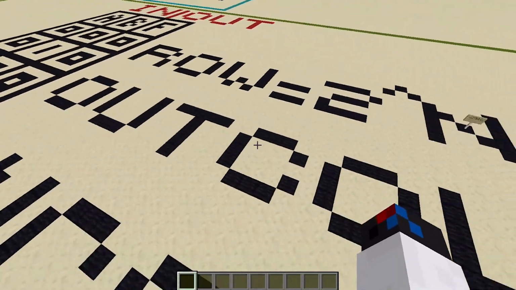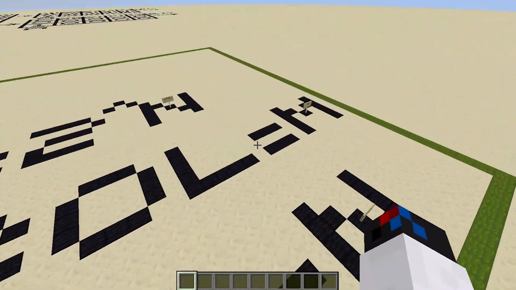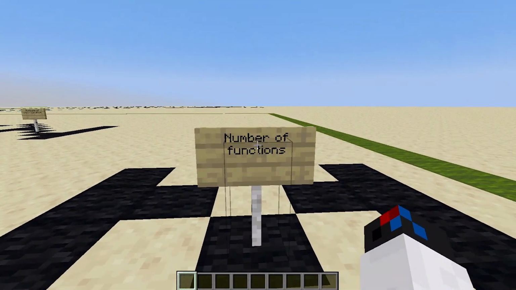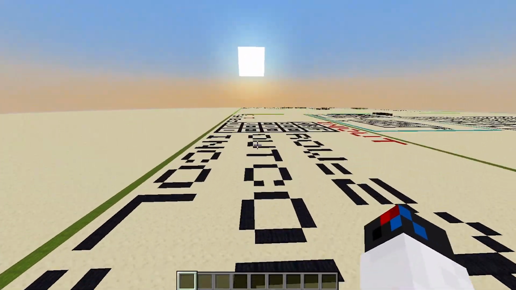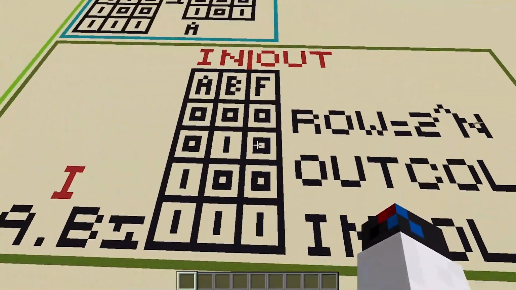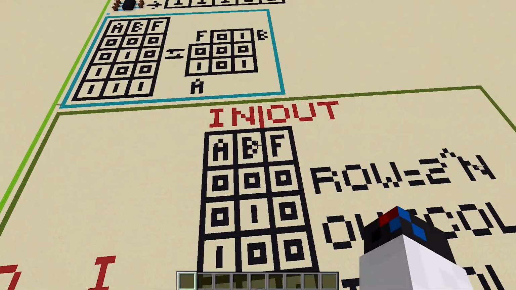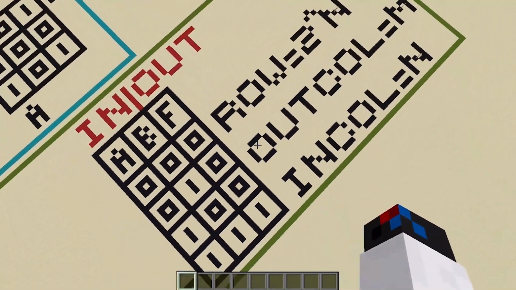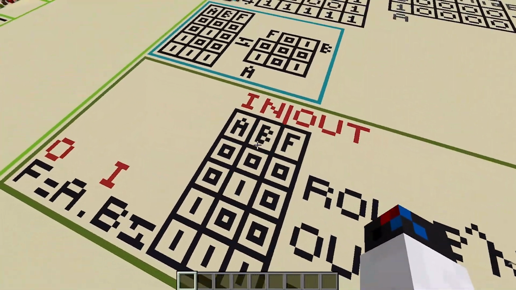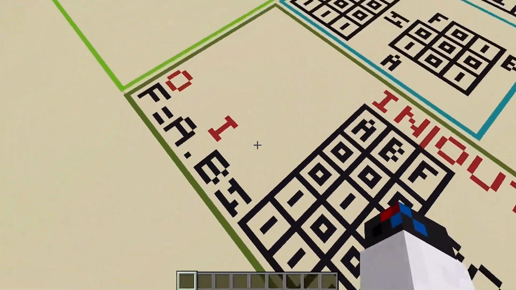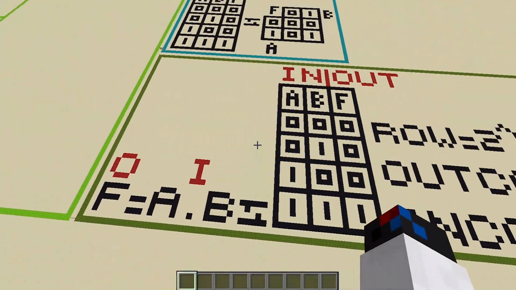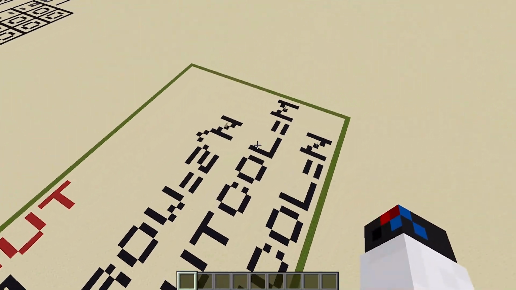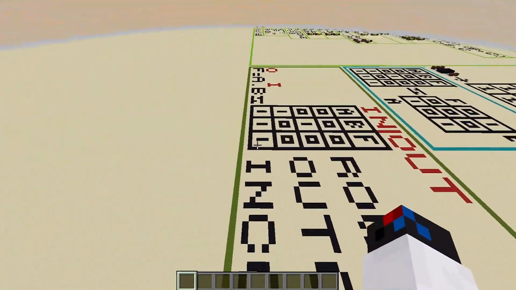Now for the output columns, we need m, where m is the number of functions, because a truth table is very powerful in that it can describe the relationship between multiple functions at the output compared to many variables at the input. That's why the number of output columns is equal to the number of functions.